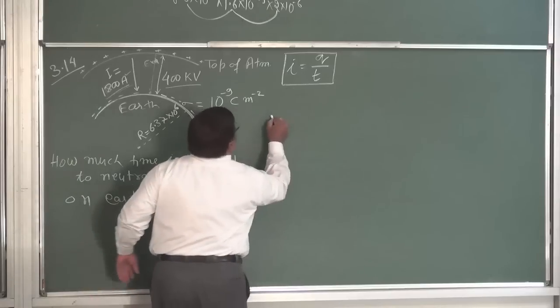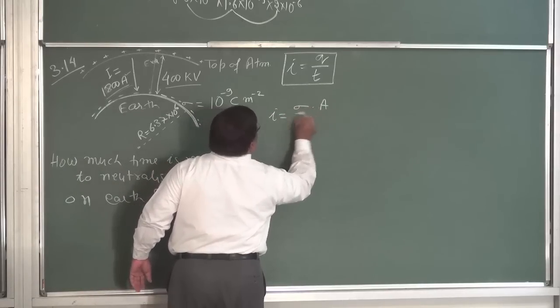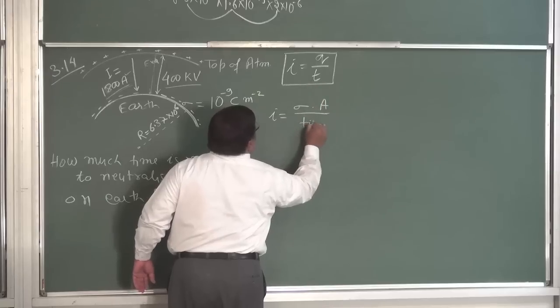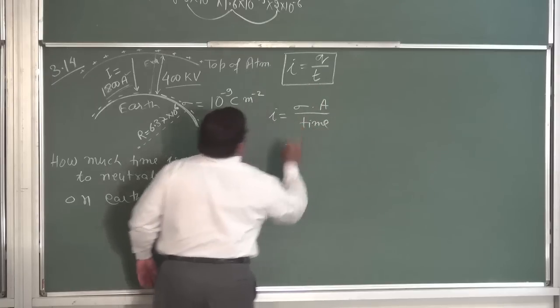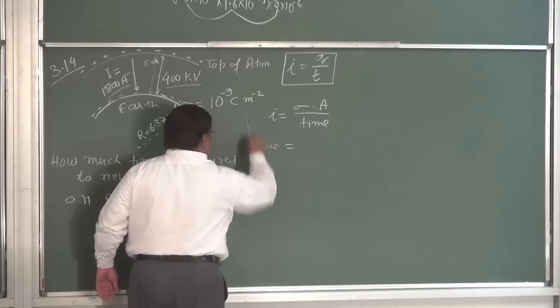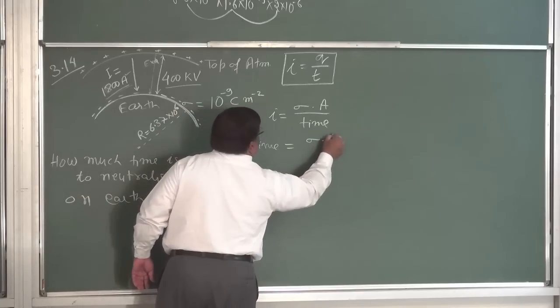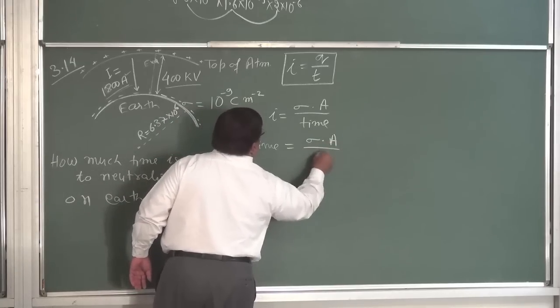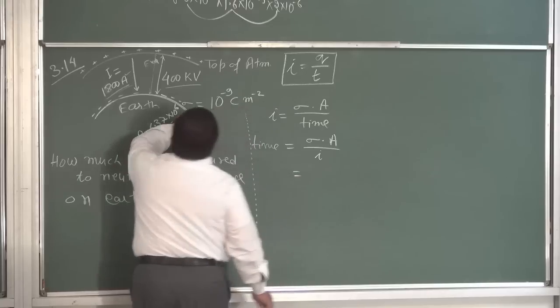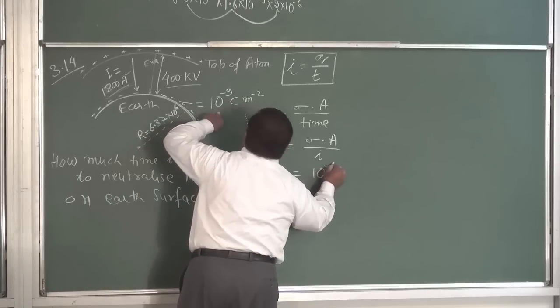So this we can write as I is equal to sigma into area upon time. Okay, so how much is time equal to? Time is equal to sigma into area upon current, and here is the sigma, 10 to the power minus 9.